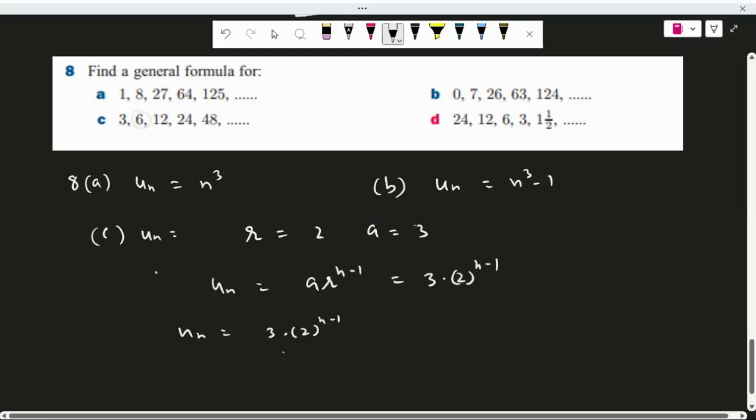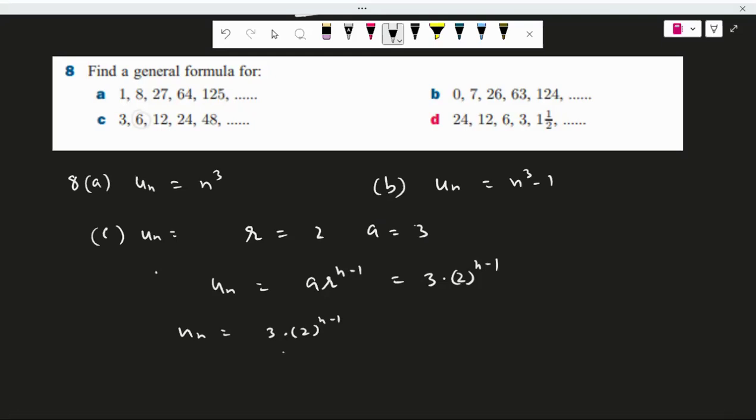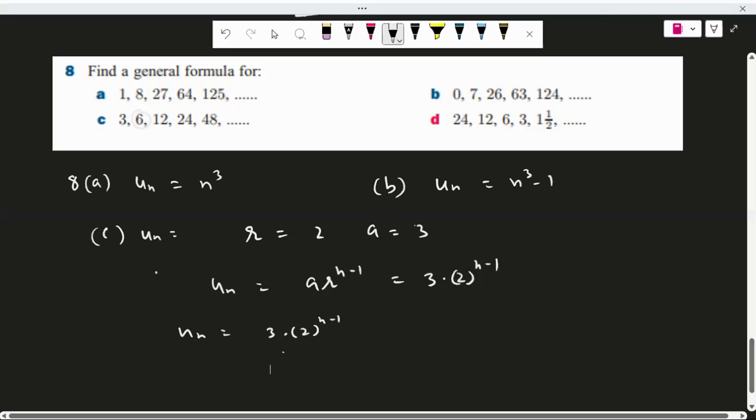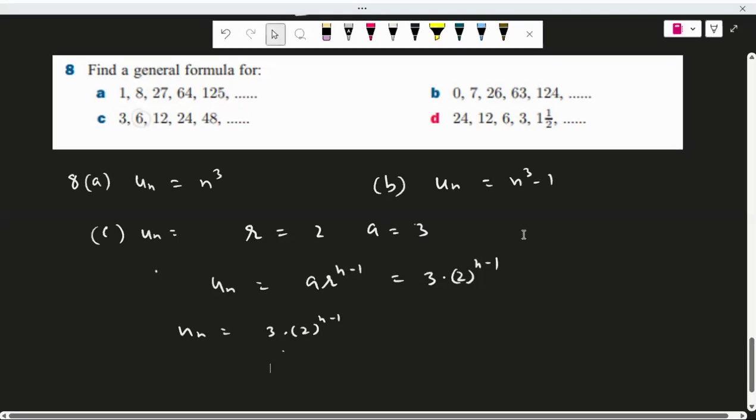If you put n equals 1, then 2 to the power 0 is 1, so 3 into 1. If you take n equals 2, then it is 6. So actually, this is a geometric sequence. That's why we were not thinking in that direction. Now come to D part. I think D part is a similar case.